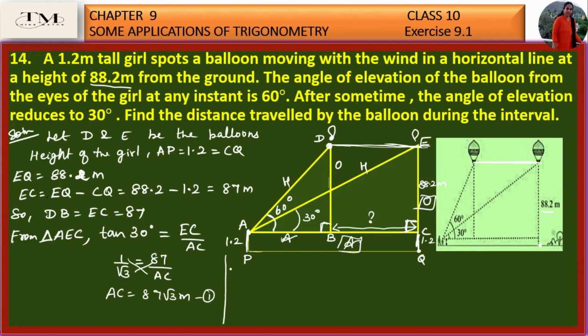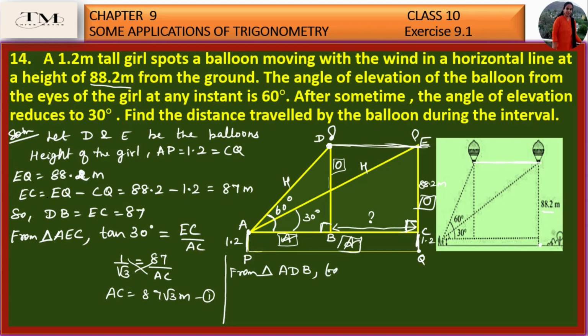Next, from the smaller triangle ADB, always take the right angled triangle. From triangle ADB, it is also between opposite side and adjacent side, because we know the opposite side DB is equal to EC, which is 87.